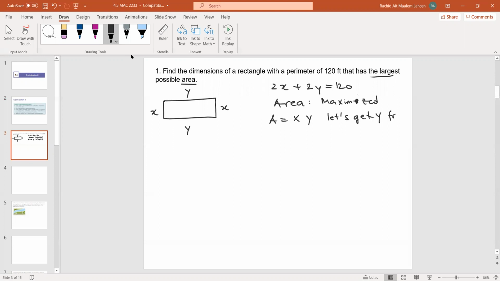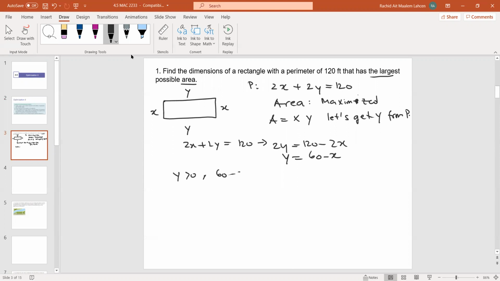So let's get y from the perimeter equation. 2x plus 2y equals 120, so 2y is 120 minus 2x. Dividing by 2 on both sides, you get y equals 60 minus x. So the constraints we talk about here: y has to be positive, right?